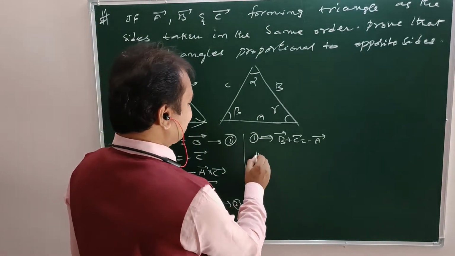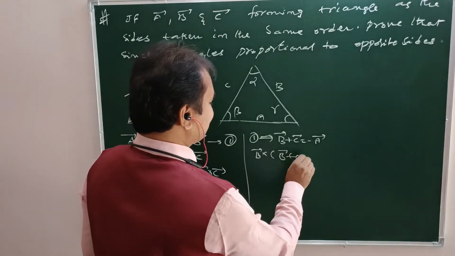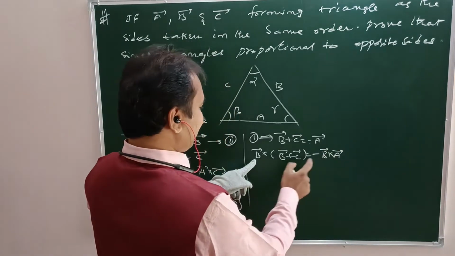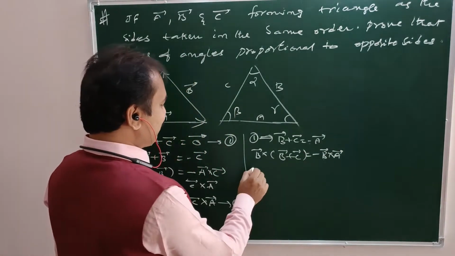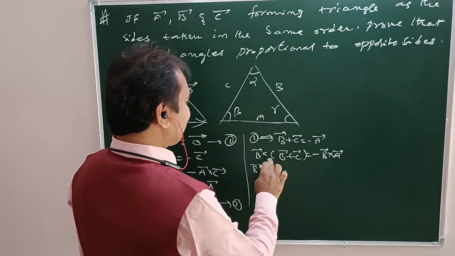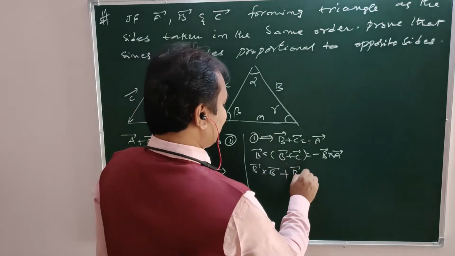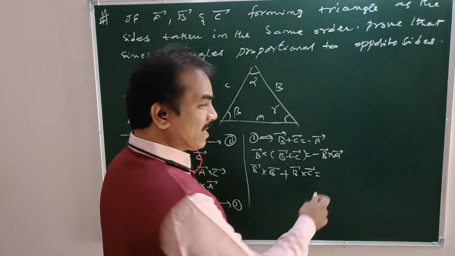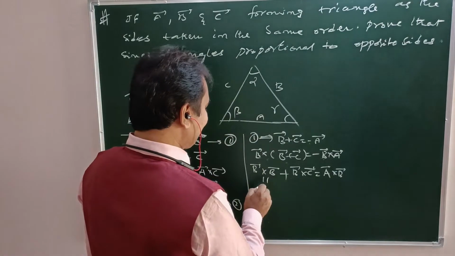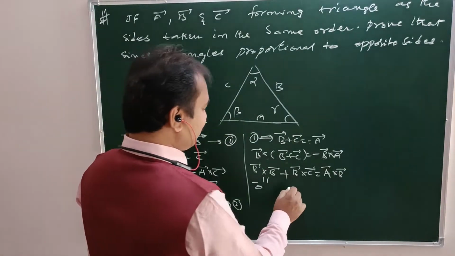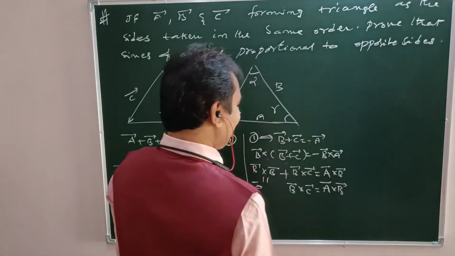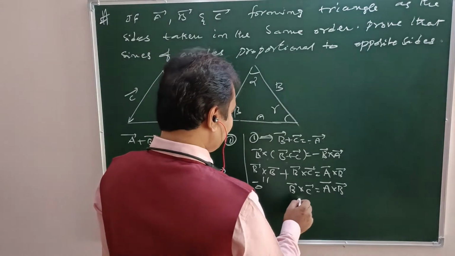B cross (B plus C) equals minus B cross A. That is B cross B plus B cross C equals A cross B. B cross B is 0 bar. We are left with B cross C equal to A cross B. Am I right?